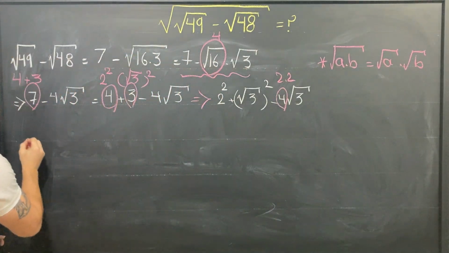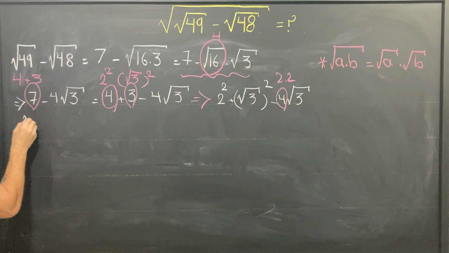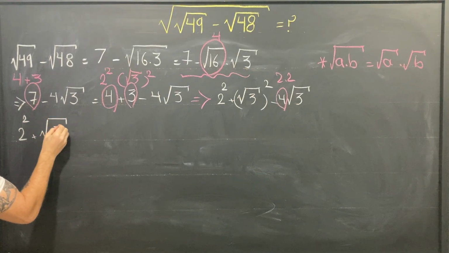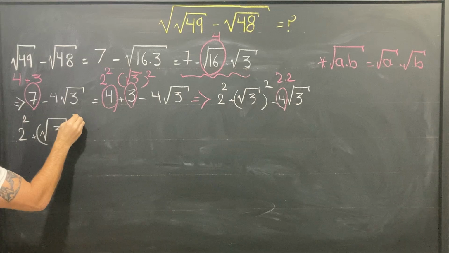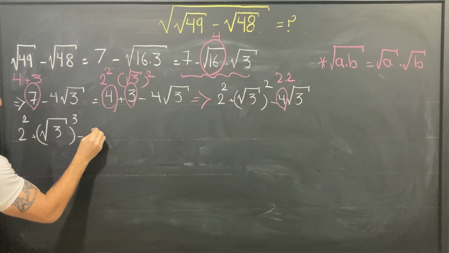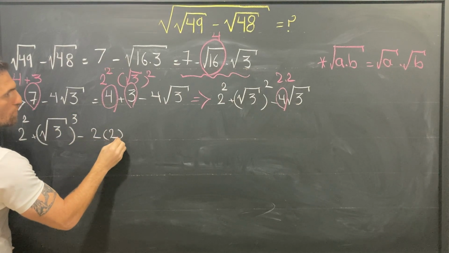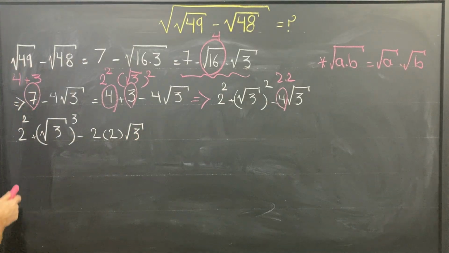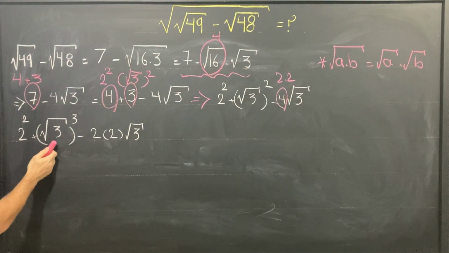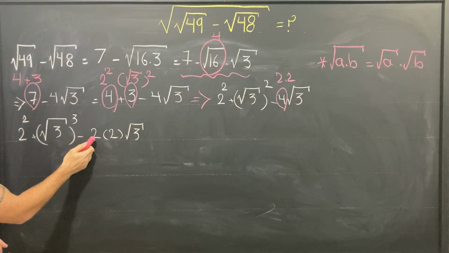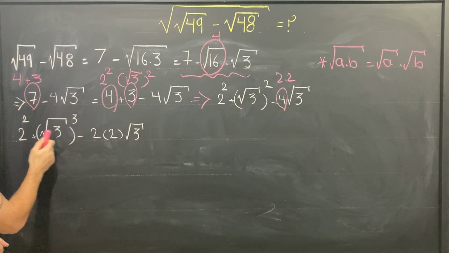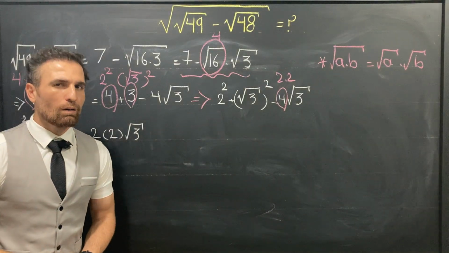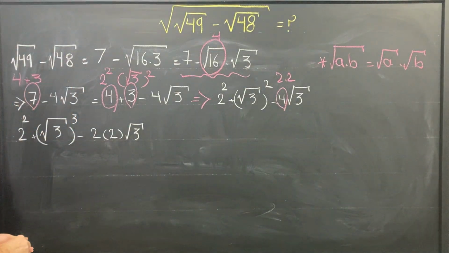It's going to be 2 squared plus square root of 3 squared minus 2 times 2 square root of 3. So what is this? Look, first term squared, second term squared minus twice the product of the first term and second term. Can you guess the solution? Okay, let me help you more.